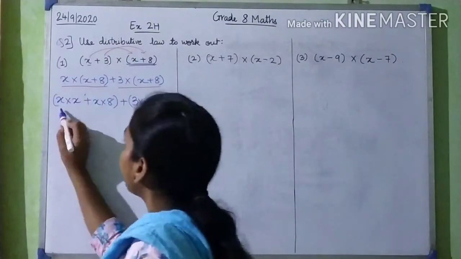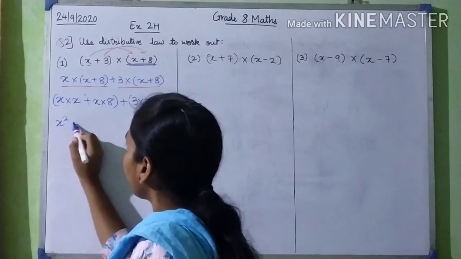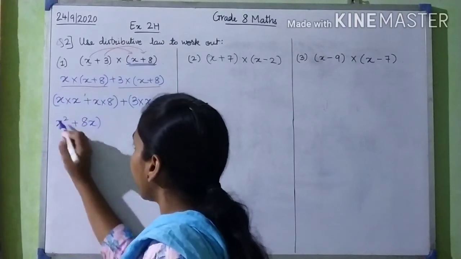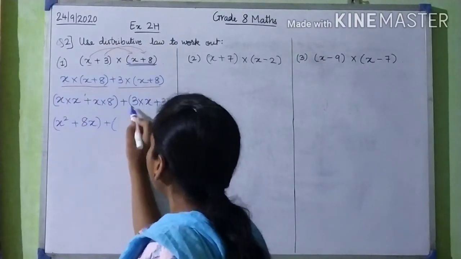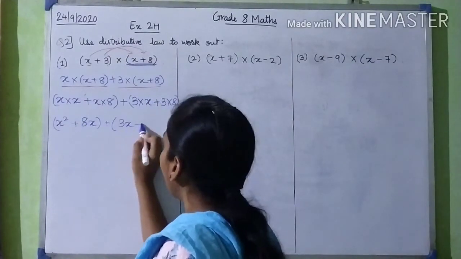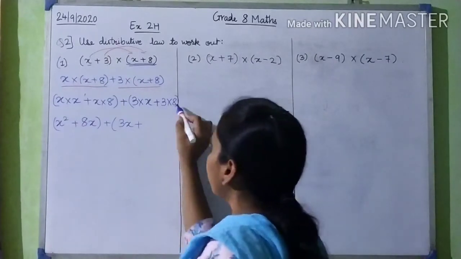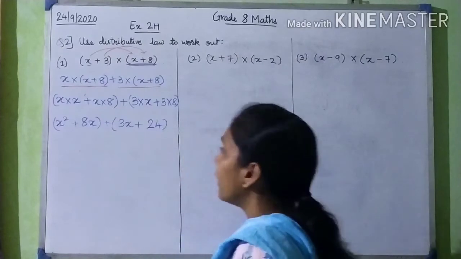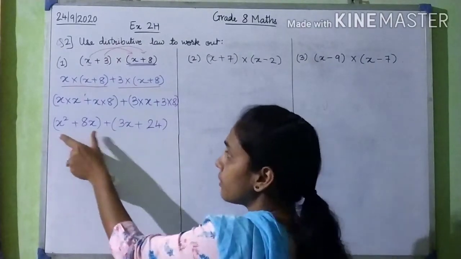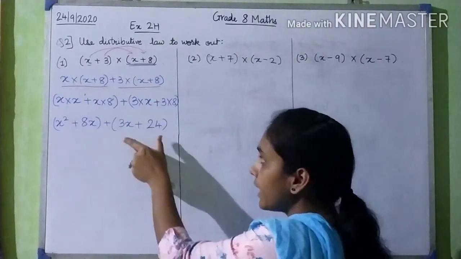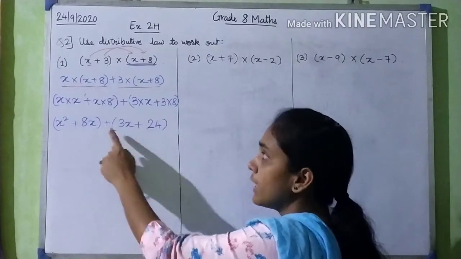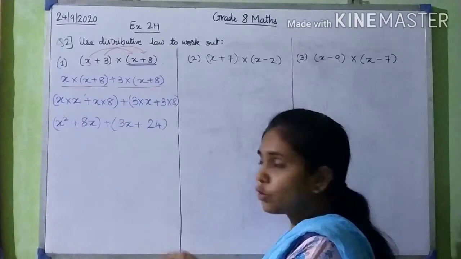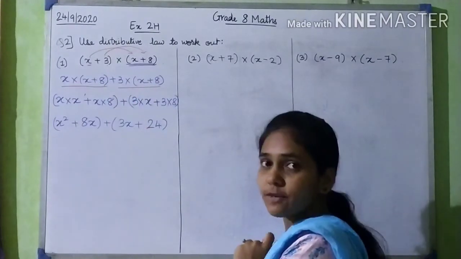Now x into x is x square, plus x into 8 is 8x, plus 3 into x is 3x, plus 3 into 8 is 24. Now why have I put brackets here? Because these were the two parts of this given sum.